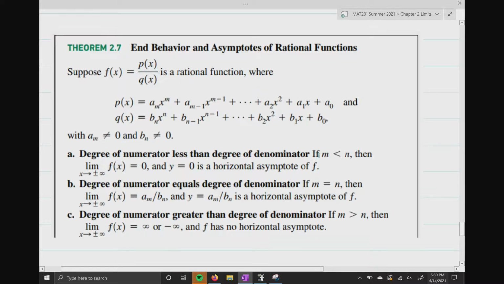So if m is less than n, meaning m is the degree of the numerator, n is the degree of the denominator, then you have a horizontal asymptote at y equals 0. If the degrees equal each other, maybe I should use a different color here too.